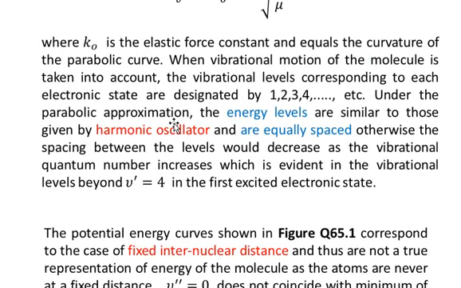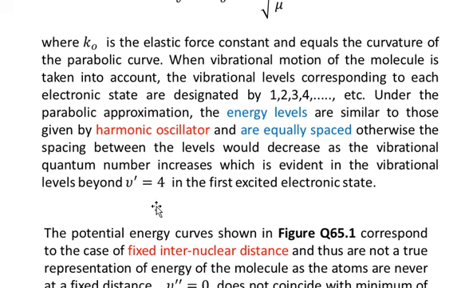Under the parabolic approximation, the energy levels are similar to those given by a harmonic oscillator and are equally spaced. Otherwise, the spacing between the levels would increase as the vibrational quantum number increases, which is evident in the vibrational levels beyond V prime equal to 4 in the first excited electronic state.